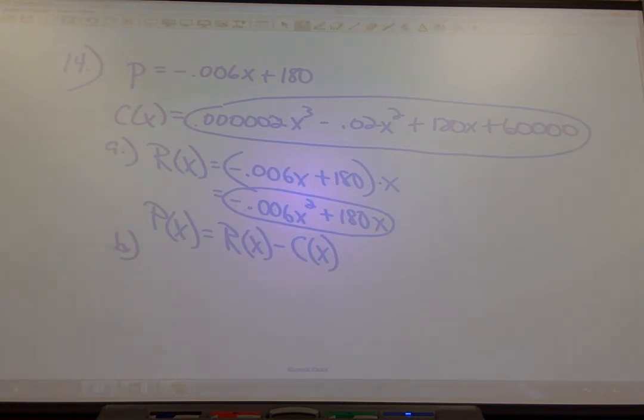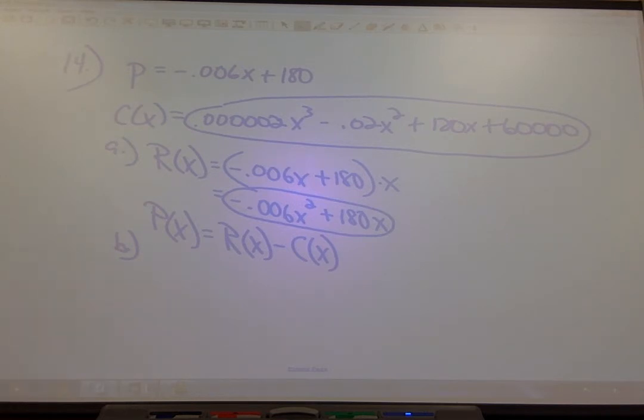Then they ask you to plug in some numbers. What would C prime of 2,000 be if I found the derivative? The cost of the 2,001st TV, 20-inch digital TV. Okay. R prime of 2000 would be the money you bring in from the 2001st TV sale.